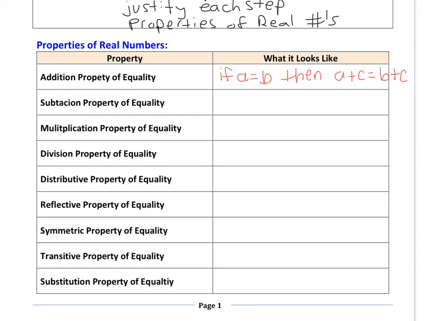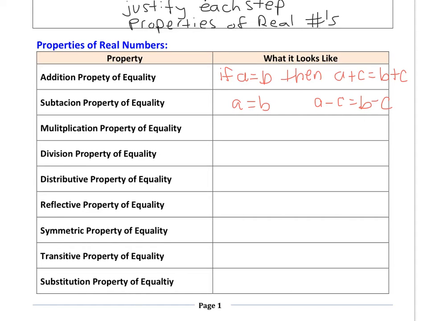Likewise, subtraction. I'm not going to keep writing the ifs and thens. If A equals B, then A minus C equals B minus C. I could subtract the same quantity from each side.